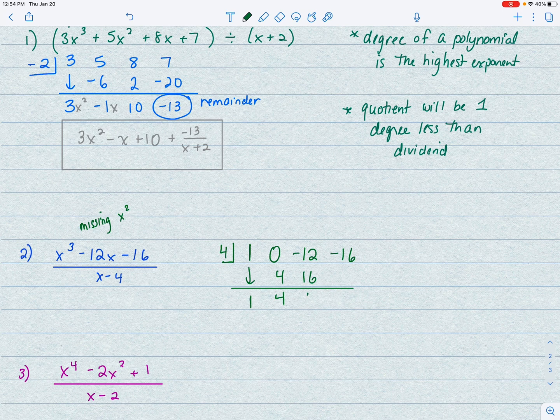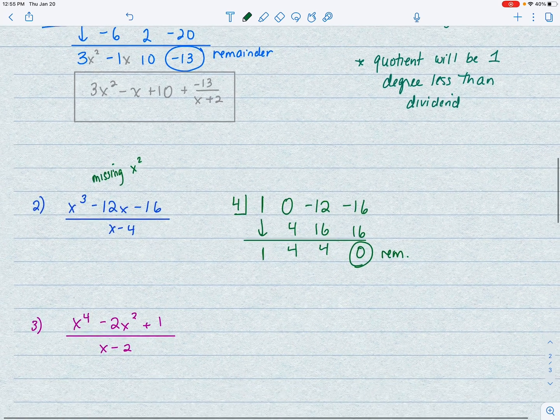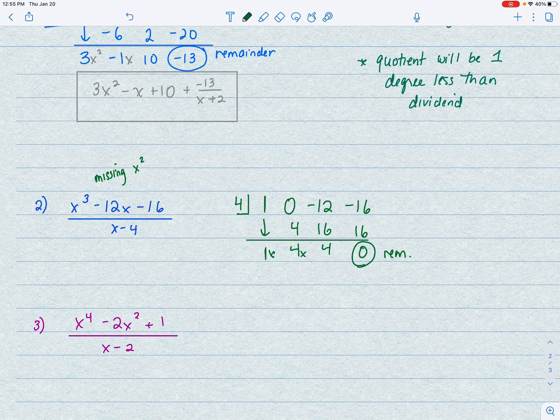Multiply again, 16, 4, multiply again, 16, 0. This is the remainder. Our polynomial's answer is this is a constant, this is an x, that's an x squared. So the answer is x squared plus 4x plus 4. That is the answer. If I multiply that by x minus 4, I would get x cubed minus 12x minus 16.